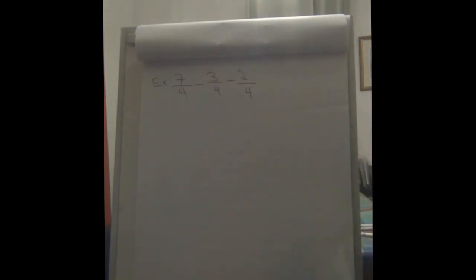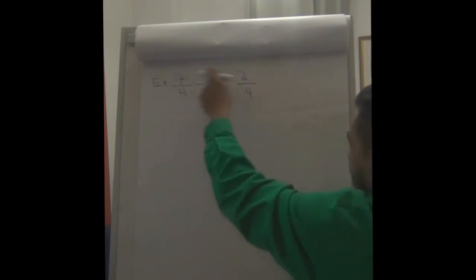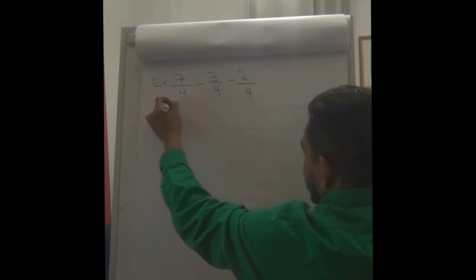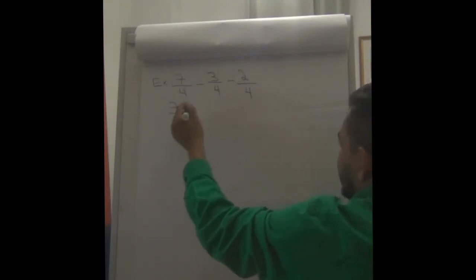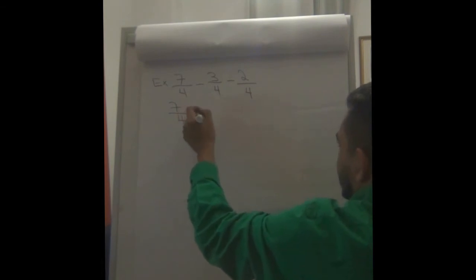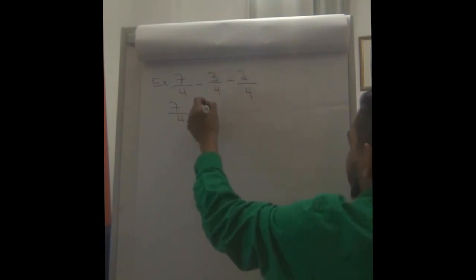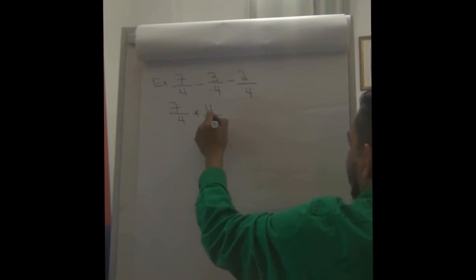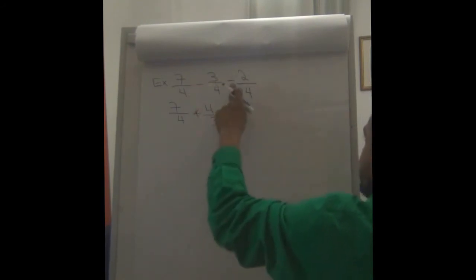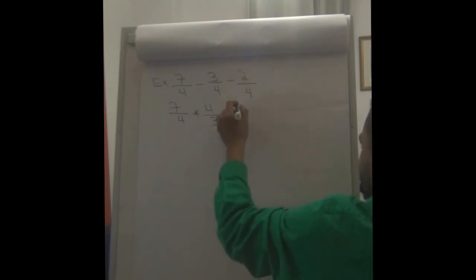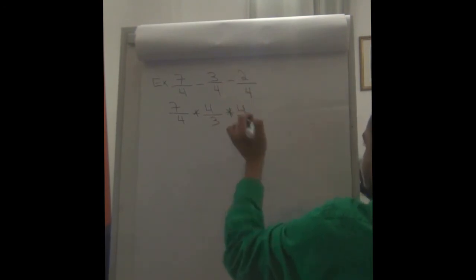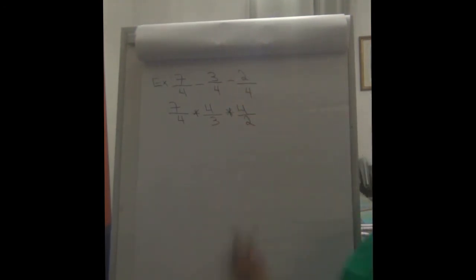Okay? So this becomes 7 over 4. We don't change that. This is a division. We're going to change it to multiplication. And we use the reciprocal here. See, we flip. Another division. Well, switch it to multiplication and you know what to do. See that?